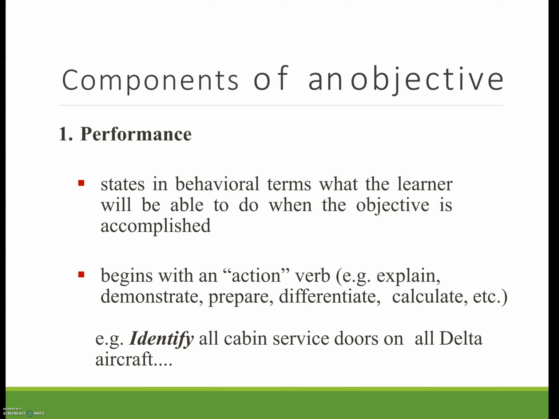So in terms of performance, we're thinking about our Bloom's taxonomy action verbs that we're going to use to write learning objectives to outline what the learner should be doing. This is basically stating in behavioral terms what the learner will be able to accomplish when the objective has been met, right? It always begins with an action verb, and looking at our Bloom's chart, things like demonstrate, explain, prepare, apply, differentiate, calculate, create.